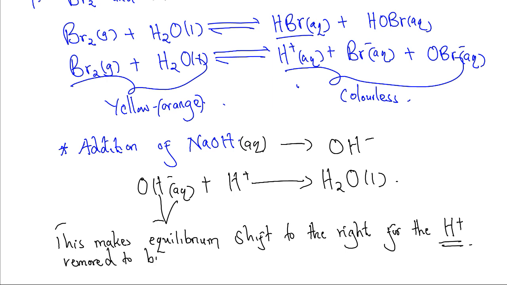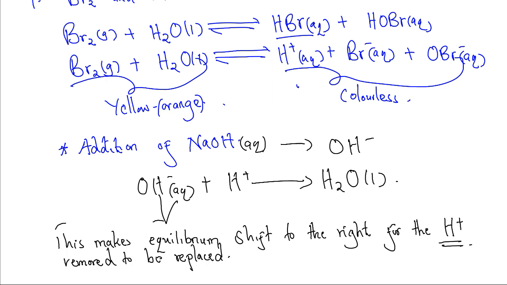Remember, the system will shift in a way to oppose the change. The hydrogen ions have been removed from the system by bringing in sodium hydroxide, which brought in the hydroxyl ions that reacted with the hydrogen ions.